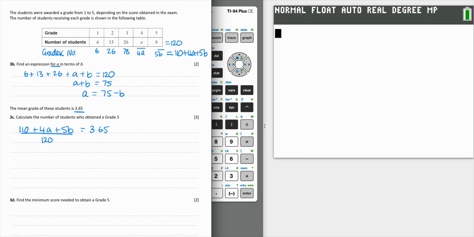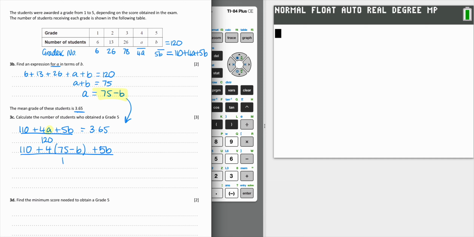I can use this to substitute in instead of A, so that I can find my equation for the mean in just one variable. So instead of having the A value here, I'm going to replace A with 75 minus B, because we know that that is the same as A.